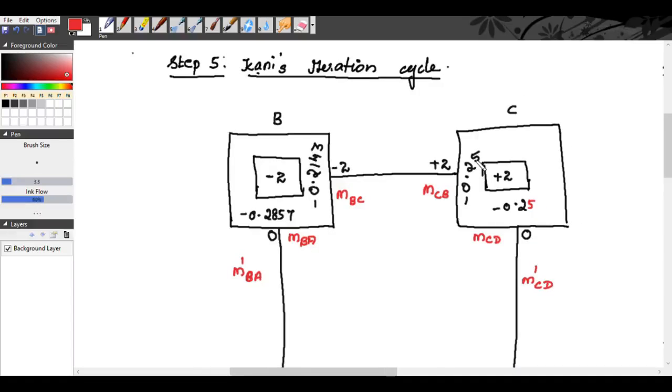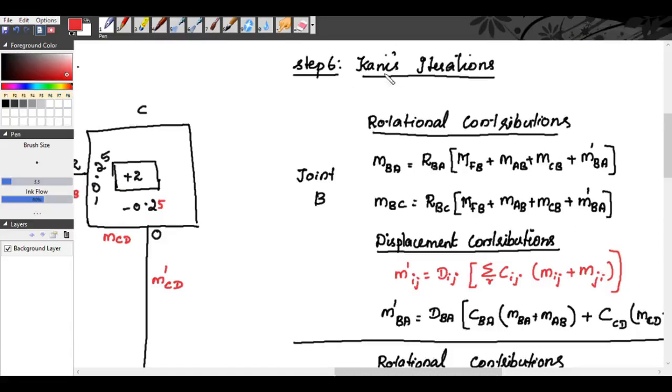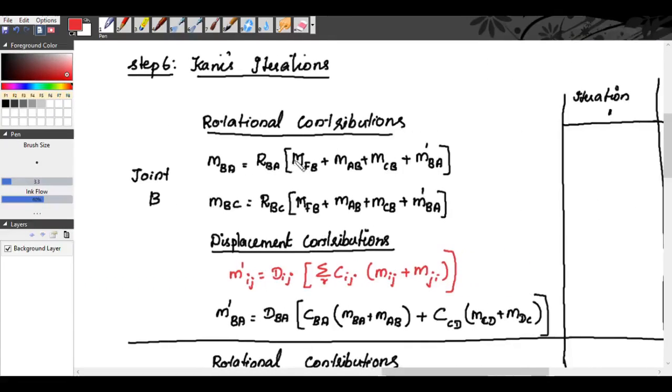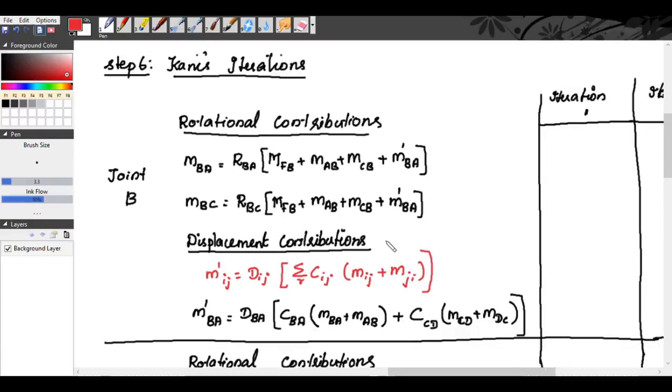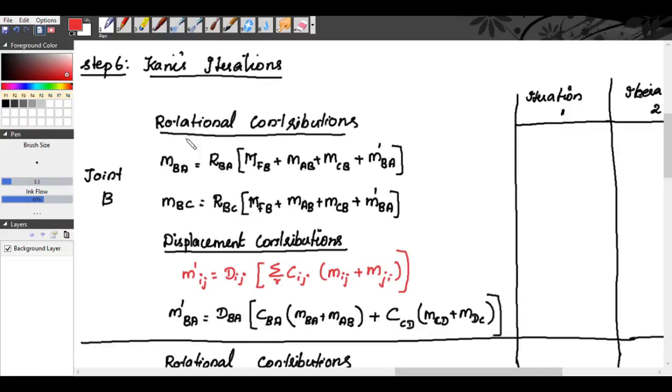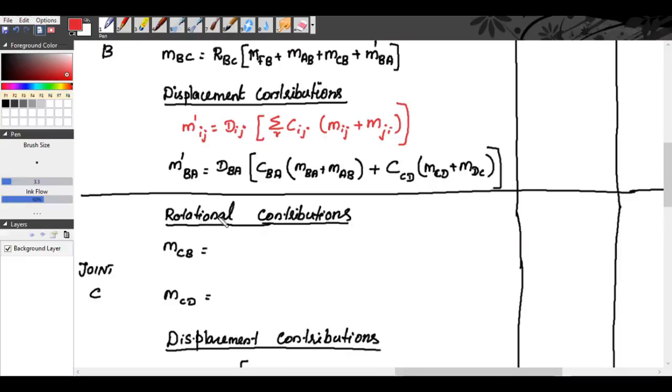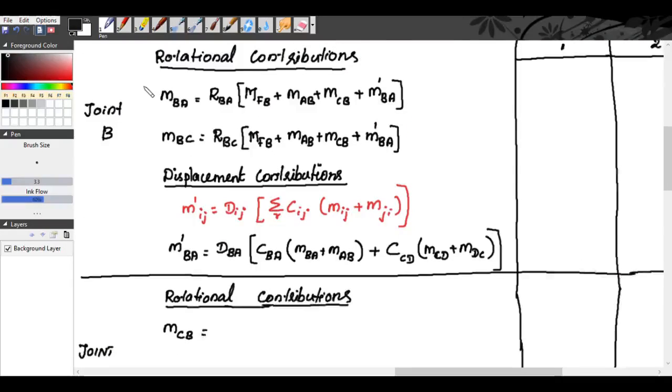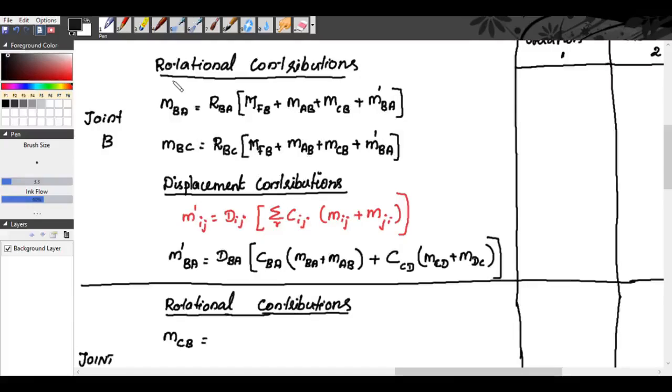Okay. So now we have to find these displacement contributions and rotational contributions. For that we will open up the tabular column called Canny's iteration. At joint B we have rotational contribution and displacement contributions. At joint C we have rotational contribution and displacement contributions. First of all at joint B, we will find the rotational contributions. Then we will move on to displacement contributions. So rotational contributions are MBA and MBC.